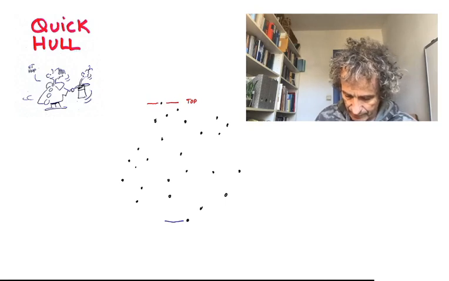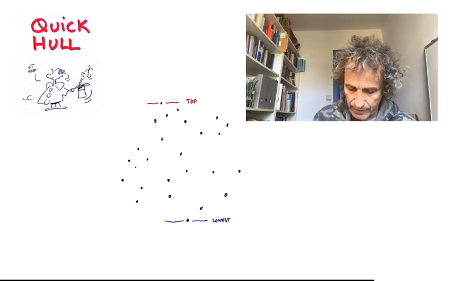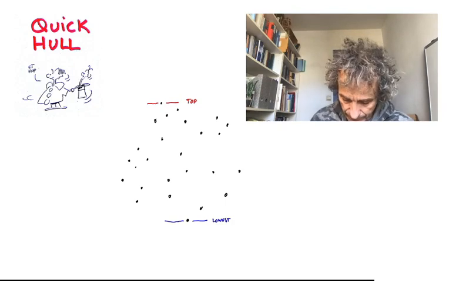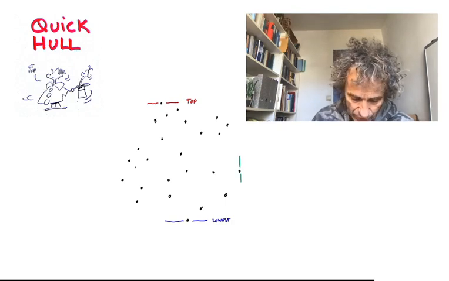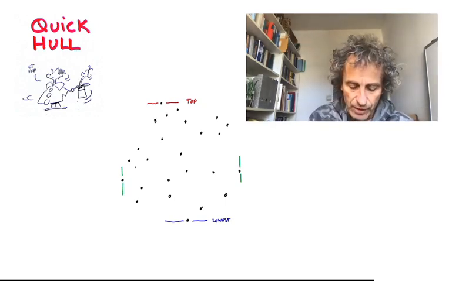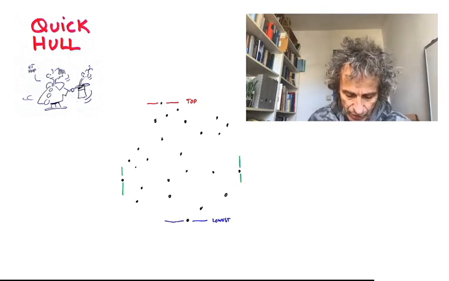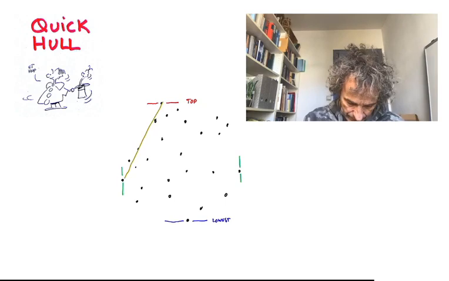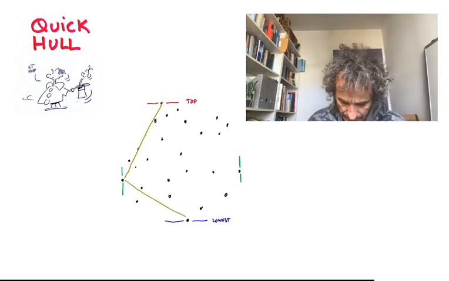You select the most wide and the most left. And as a first attempt at a convex hull, you will define this shape like that, that, that, and that.